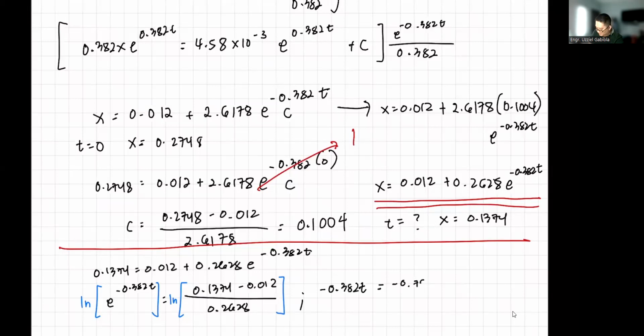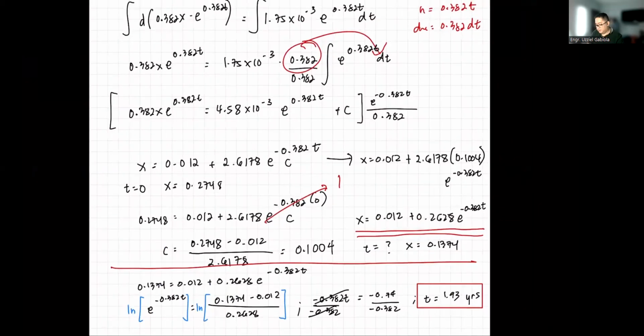Divide nyo lang both sides by negative 0.382, negative 0.382. T natin is equals to 1.93 years. Okay? So, ibig sabihin, in 1.93 years, magiging 0.1374 yung pollution concentration natin.